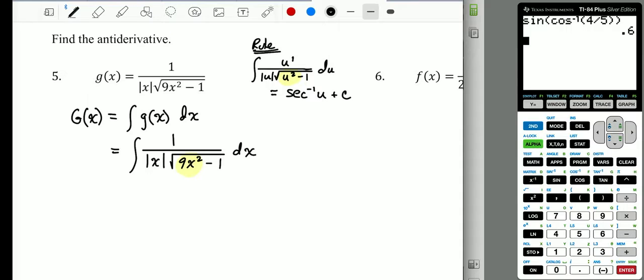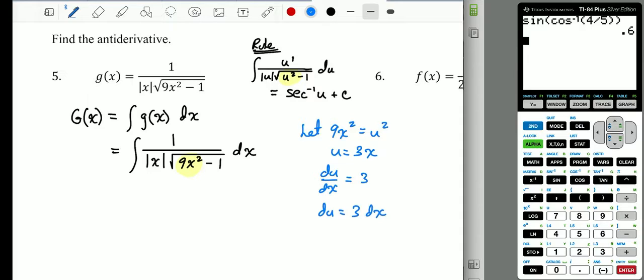So let's let 9x squared be equal to u squared, which would make u equal to 3x. So du dx would be equal to 3, so du is equal to 3 dx.